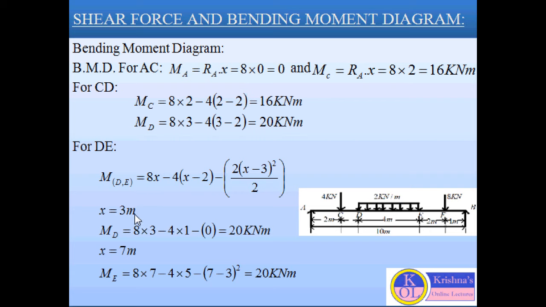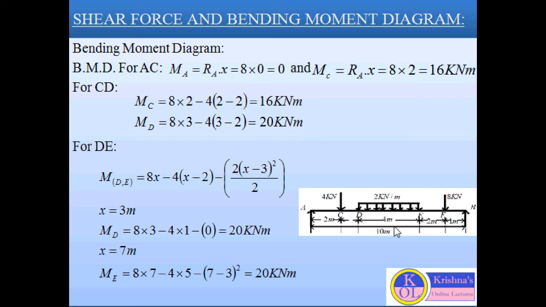If we put x equal to 3 meters, we get the bending moment at point D, so MD will be 20 kilonewton meter. Again, putting x as 3 in this equation, we get MD as 20 kilonewton meter.